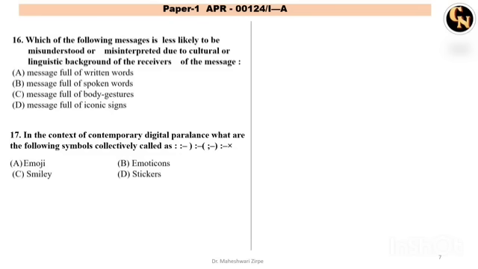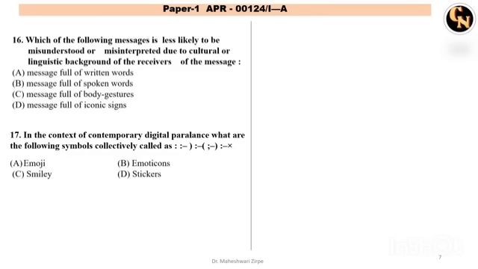What they want to say is, if there is a receiver who, because of his cultural or linguistic background, how can the message be misinterpreted or misunderstood. The options given are: message full of written words, message full of spoken words, message full of body gestures, and message full of iconic signs.